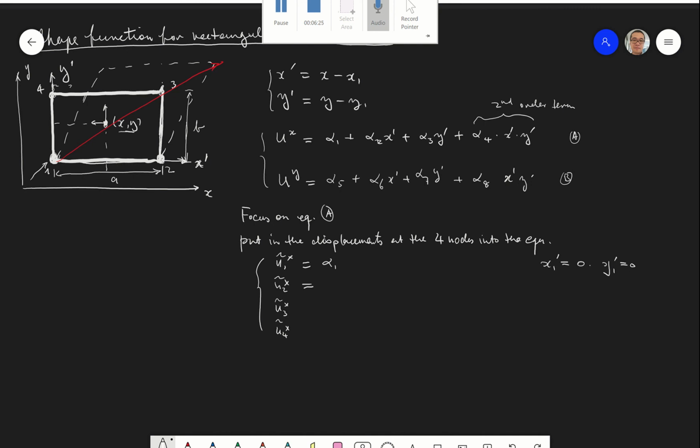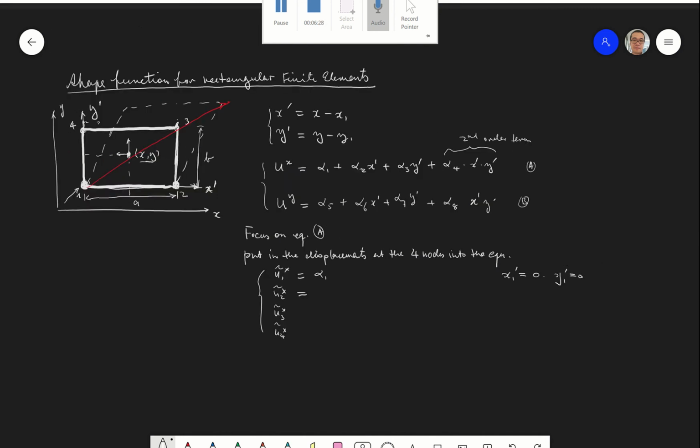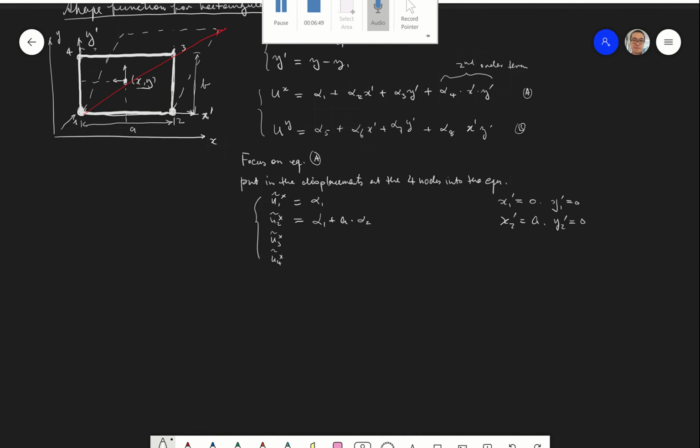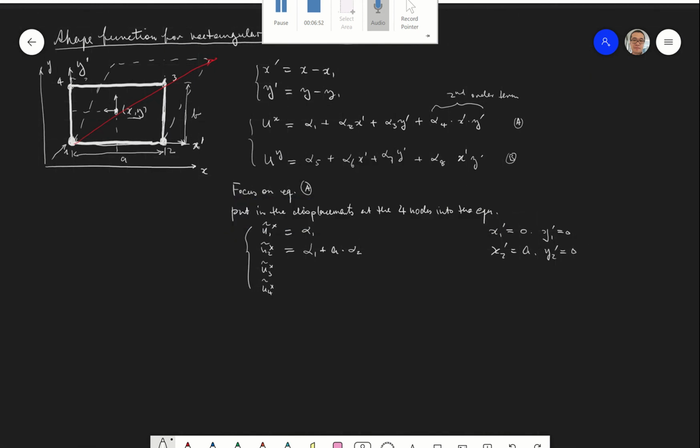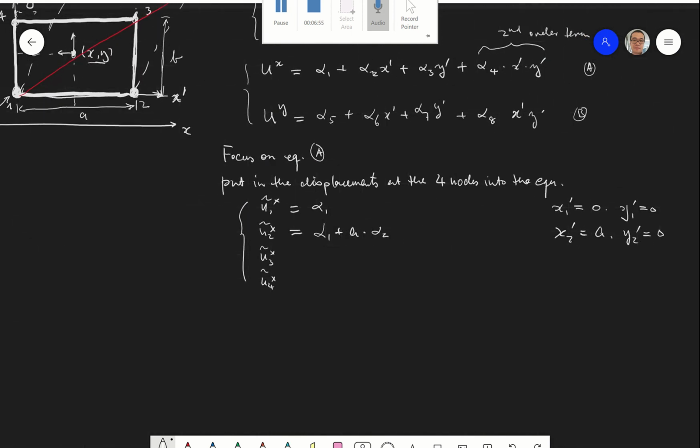For u2, we know that x2 prime equal to a, and y2 prime equal to 0. So that gives us alpha 1 plus a times alpha 2. Similarly for u3, we have x3 prime equal to a, y3 prime equal to b.